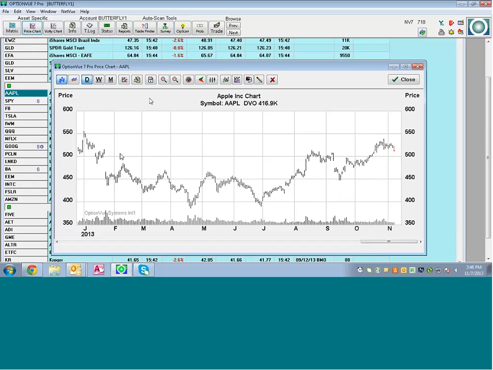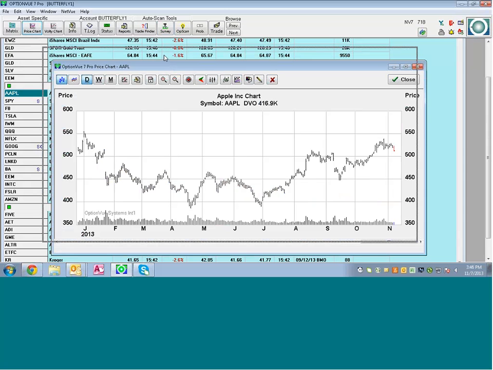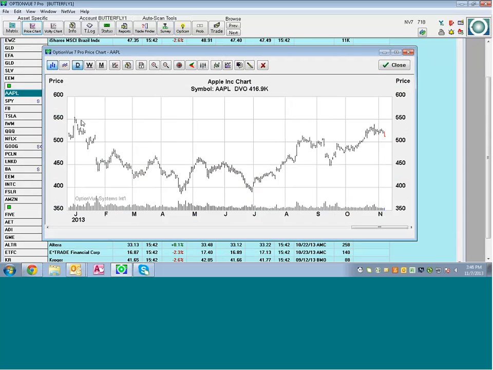Right now, all I can see is the price chart. Apple's been in a nice pattern between 550 and 387, and now it's at the ending point today. It opened at 519 and closed at 512, so we've got a little downtick for the day.